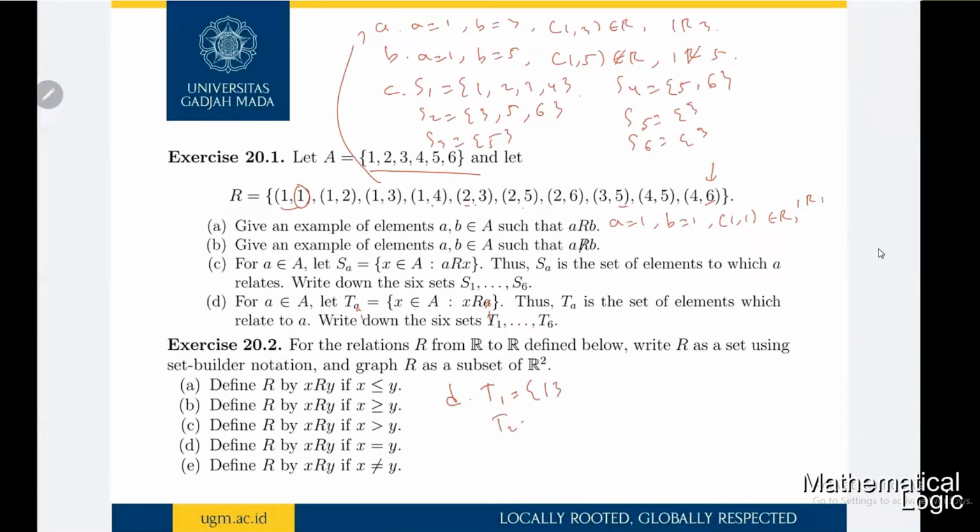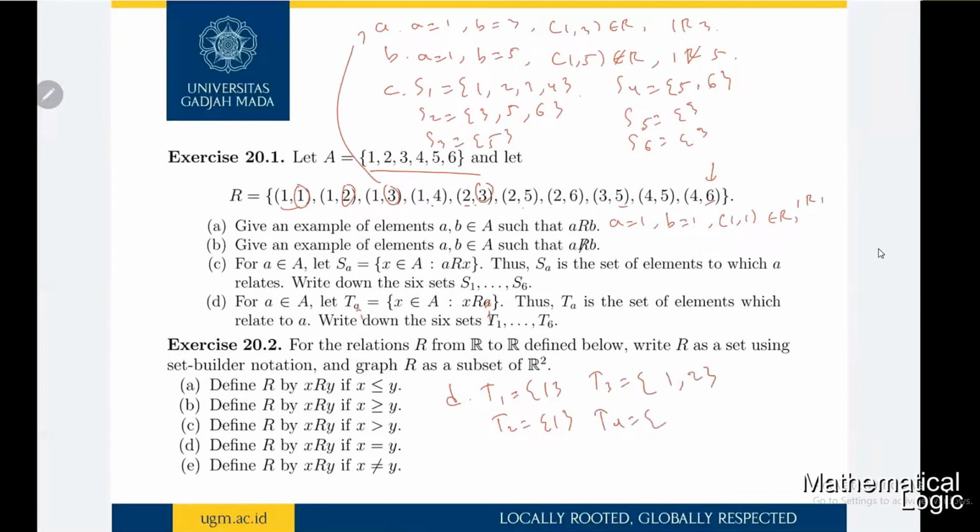And then how about T2? So we have 1. And then what again? Only 1. So we only have 1 here. T3, 3 is here. 1, 2. And then, yeah, that's all. So we have 1 and 2.